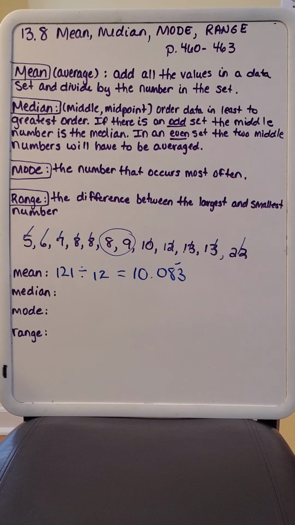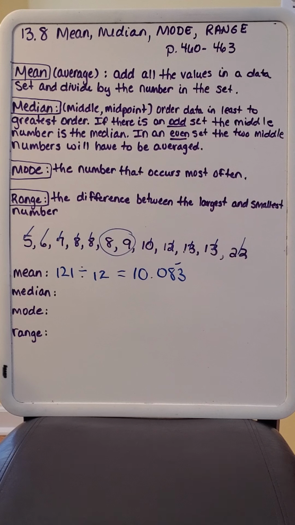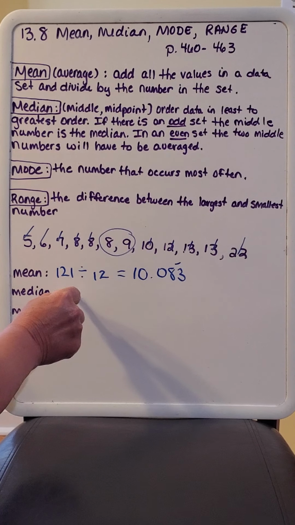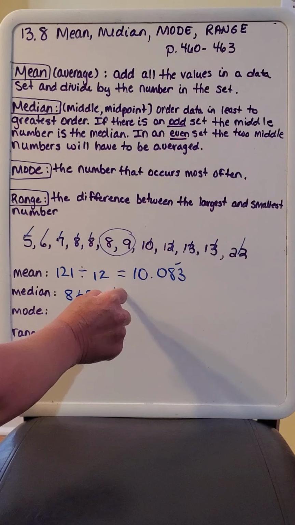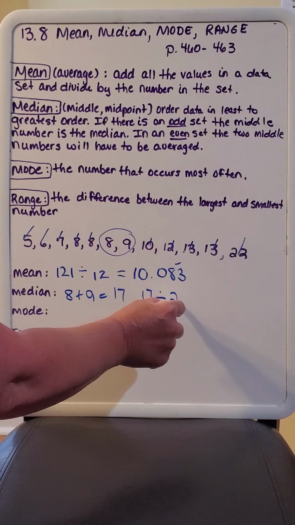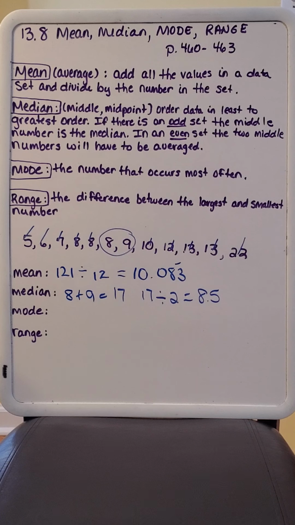There are two numbers in the middle. So you will add them together. 9 and 8 is 17. Divide by 2 because there's two of them, and you will get 8.5. So let me write out what I did. 8 plus 9 equals 17, and then 17 divided by 2 equals 8.5.